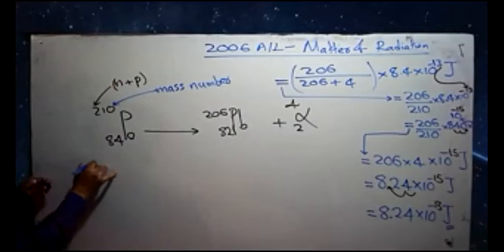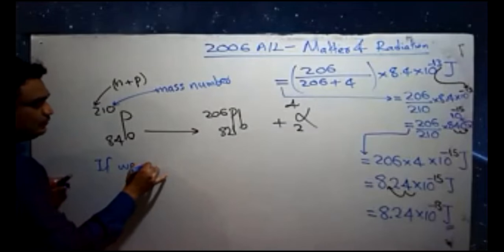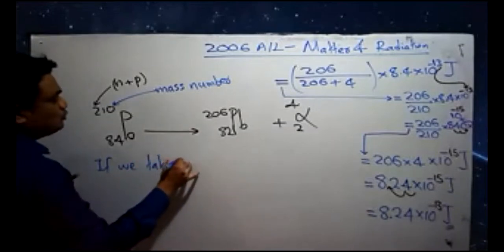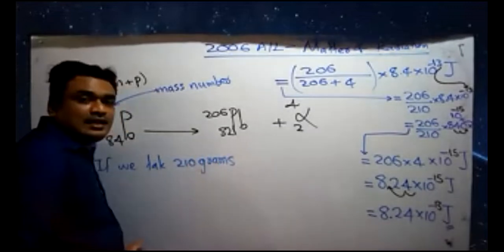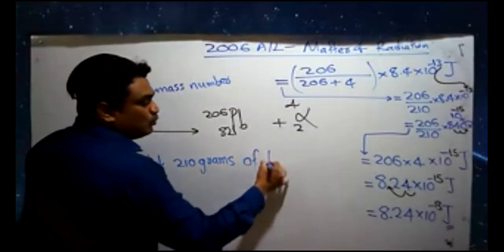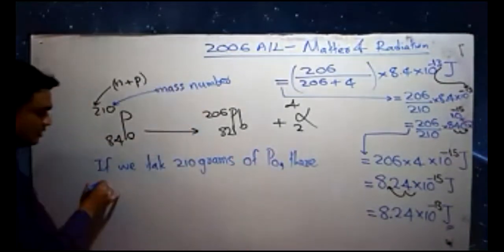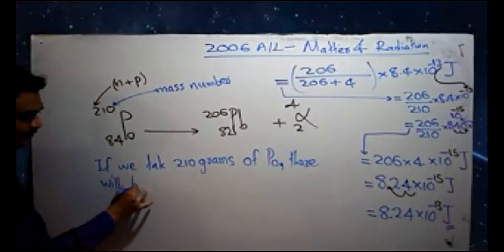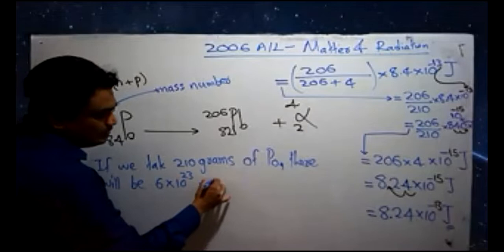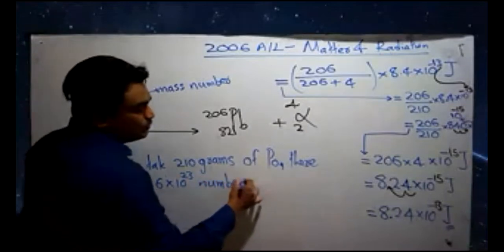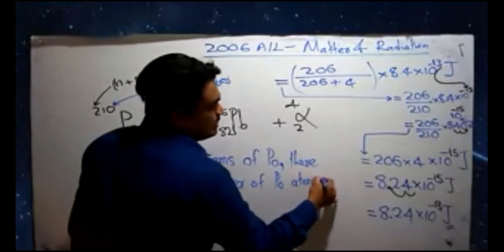If we take 210 grams of polonium, there will be 6 into 10 to the power 23 number of polonium atoms. This is the magic.